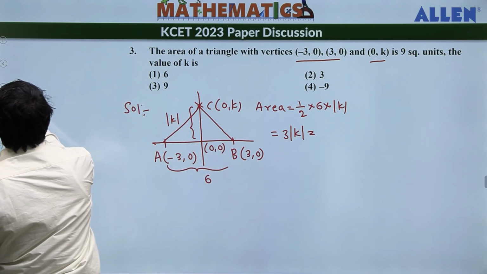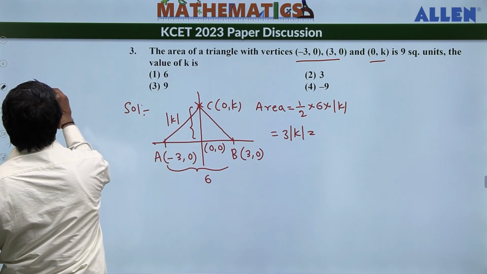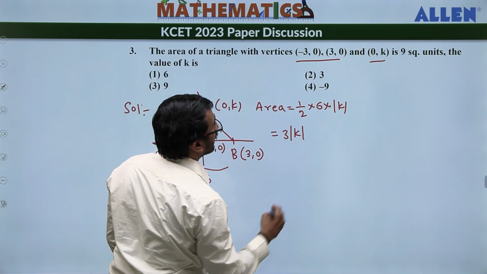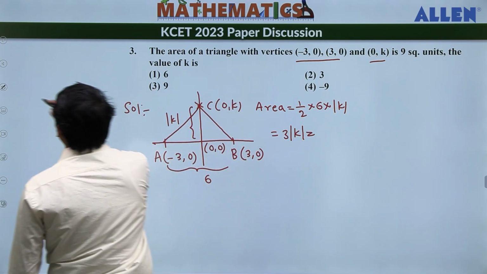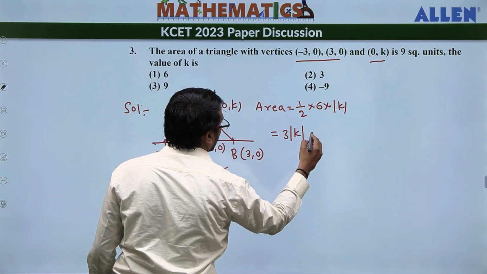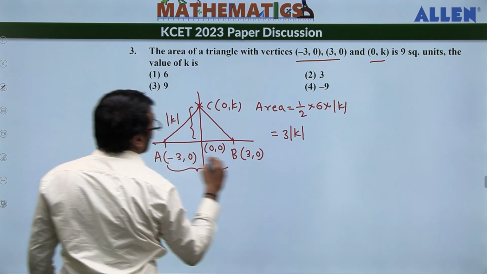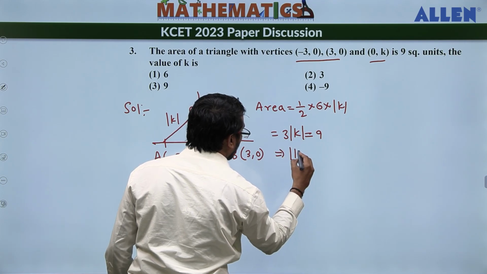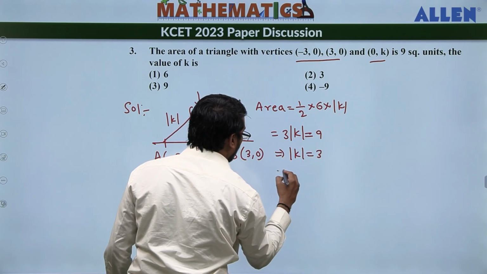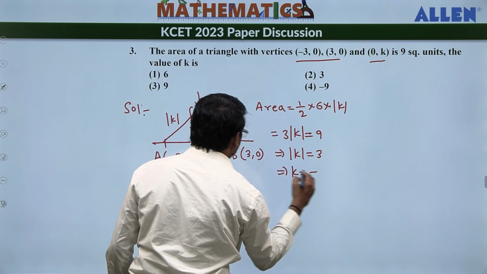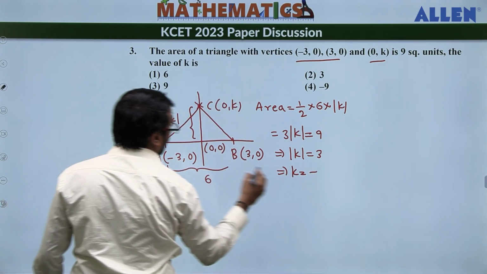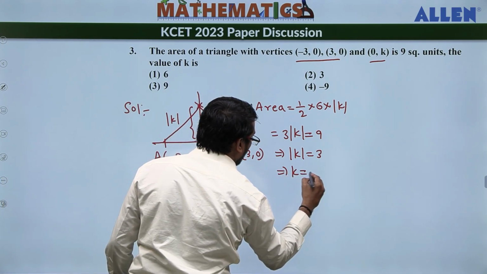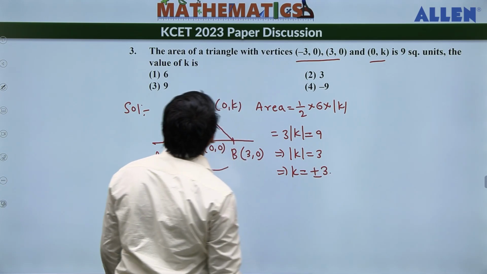is equal to 9. So, mod k is equal to 3, k is equal to plus or minus 3.